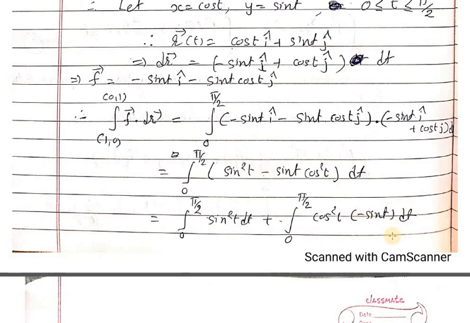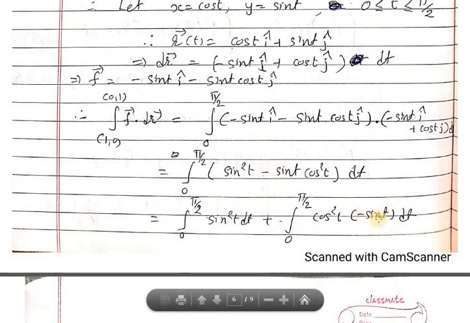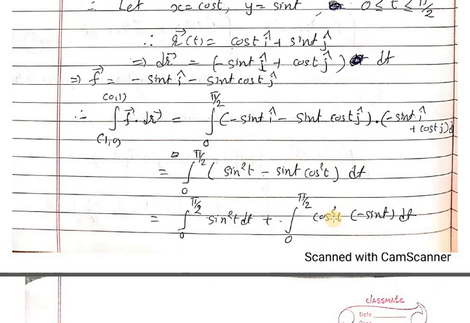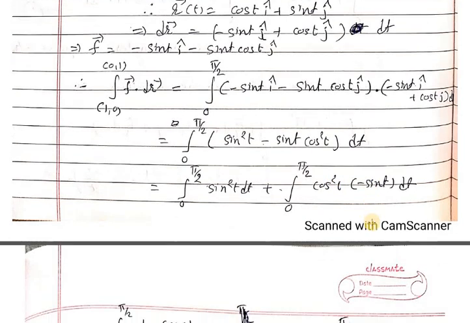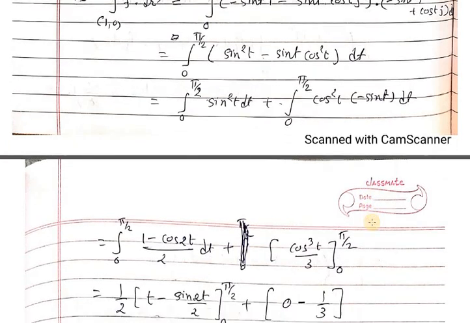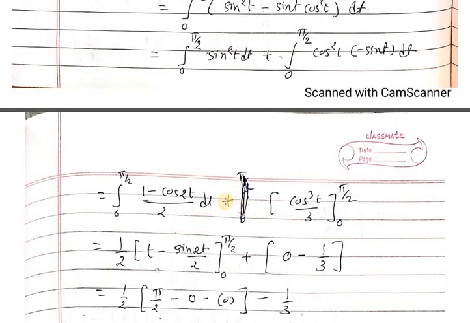I am going to take this minus inside the integration because this is the form of f(x) raised to n into f dash x. Okay, so sin square will be replaced with (1 minus cos 2t) by 2 for integration, and here f(x) raised to n into f dash x integrates to f(x) raised to n plus 1 upon n plus 1.